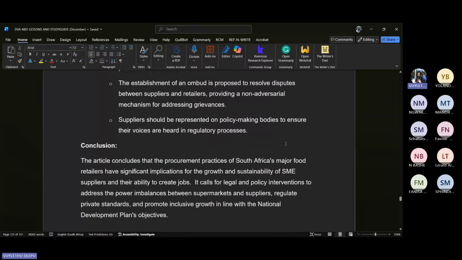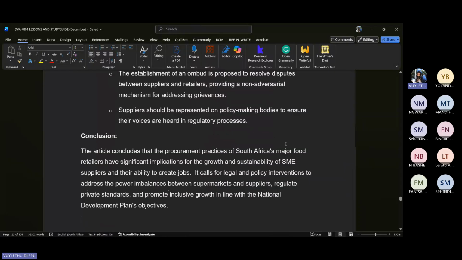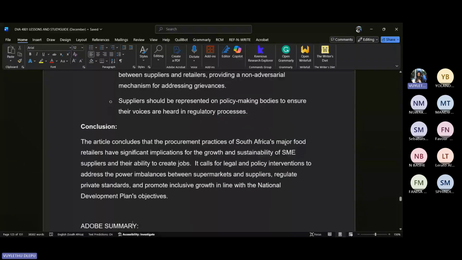This article then concludes that the procurement practices of South Africa's major food retailers have significant implications for the growth and sustainability of SME suppliers and their ability to create jobs. It calls for legal and policy interventions to address the power imbalances between supermarkets and suppliers, regulate private standards, and promote inclusive growth in line with the National Development Plan's objectives.